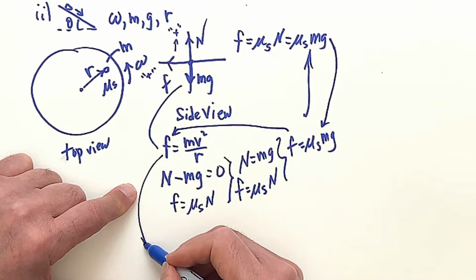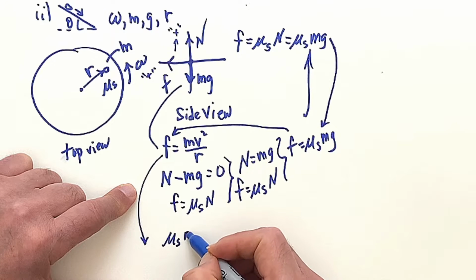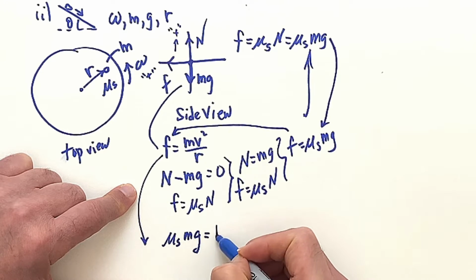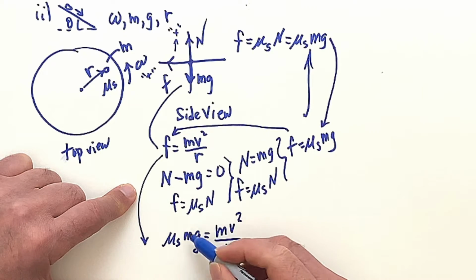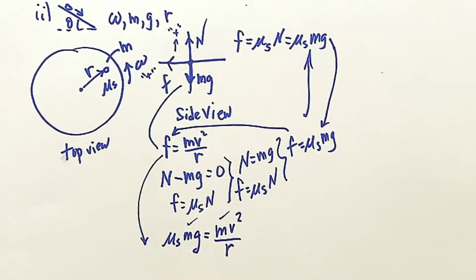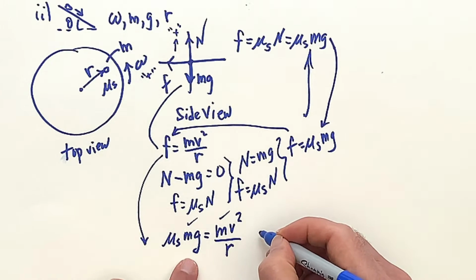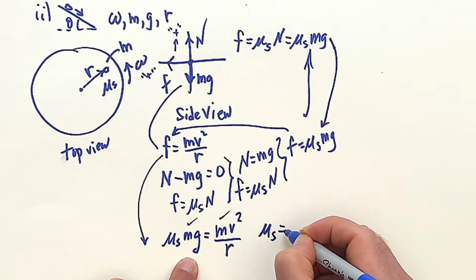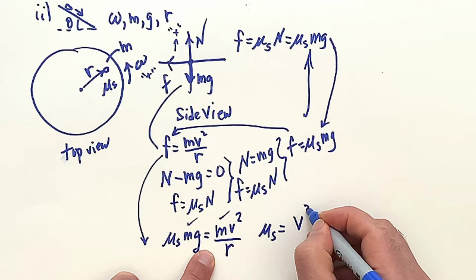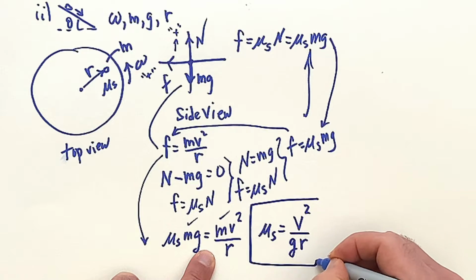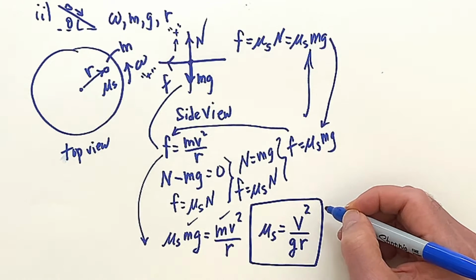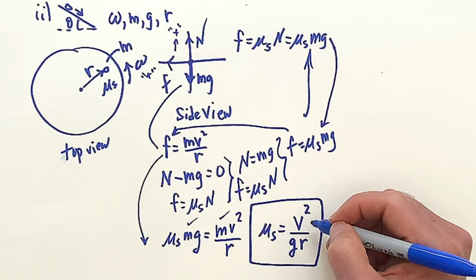It goes in there, comes down here: mu s mg equals mv squared over r. And we see immediately the mass goes out. So it doesn't matter what the mass of the sushi is. It's going to work regardless. So therefore, mu sub s is going to be v squared over gr. We've seen problems before where gr and v squared shows up a lot. The ratio is dimensionless.